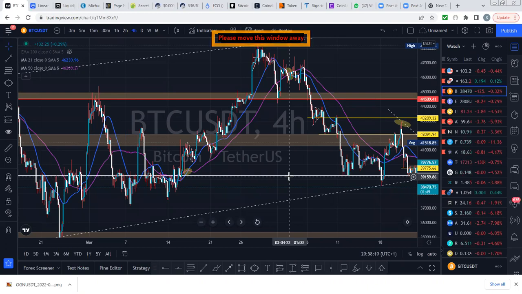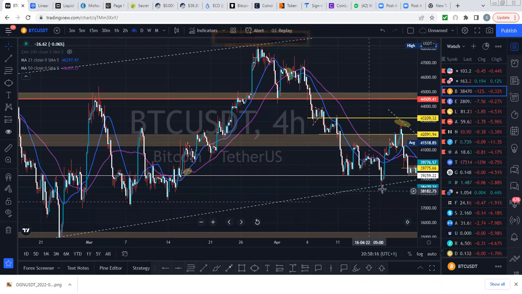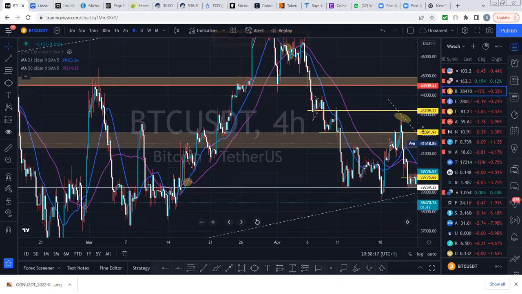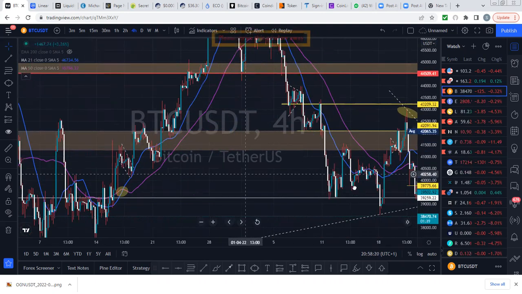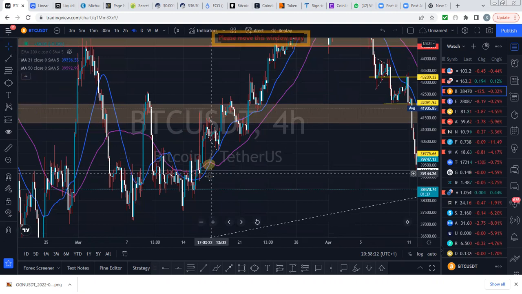When the shorter term moving average crosses above the longer term, if you look at this place now, you can see the blue moving average, which is the 21 moving average, the shorter term moving average, crossed above the purple, which is the 50 moving average.